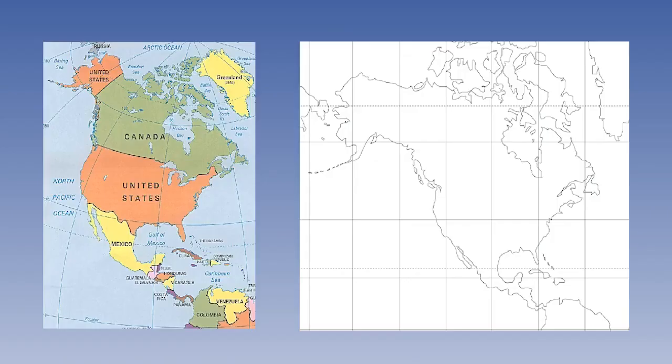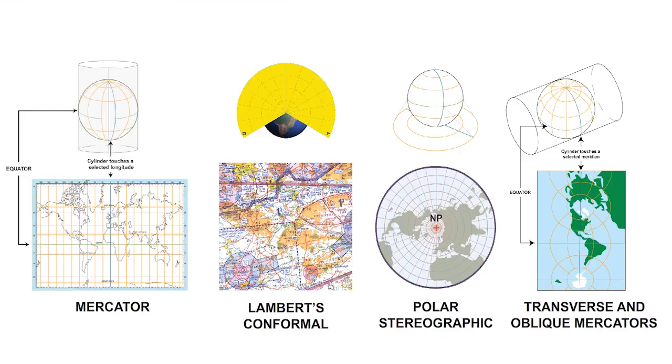The shapes of large areas cannot be represented perfectly. However, it is possible to represent the shapes of small areas reasonably accurately. All the other properties can be obtained on charts, but not all on the same chart. Different projections capture different properties.